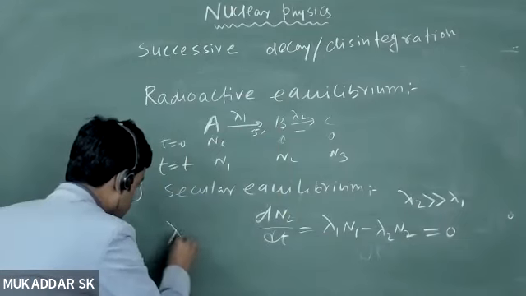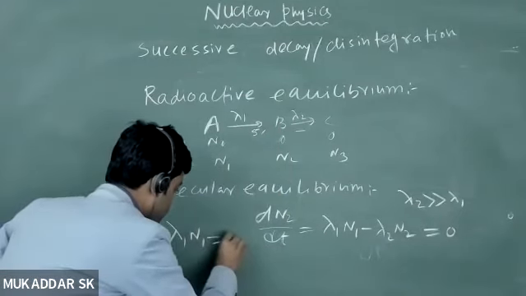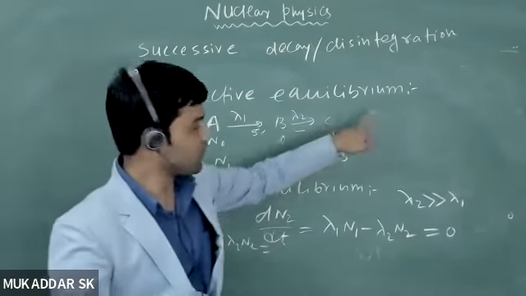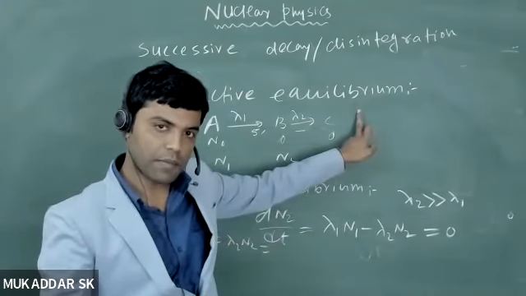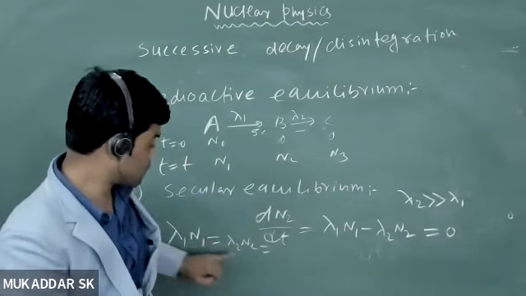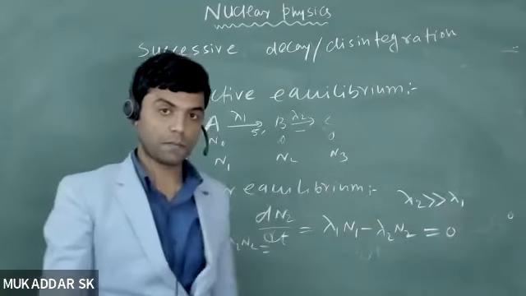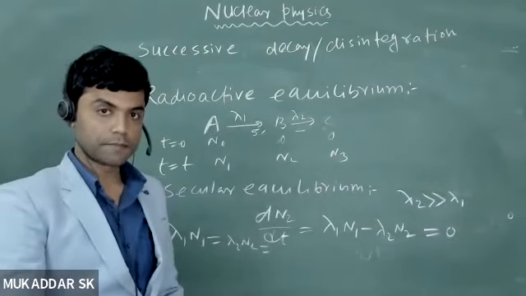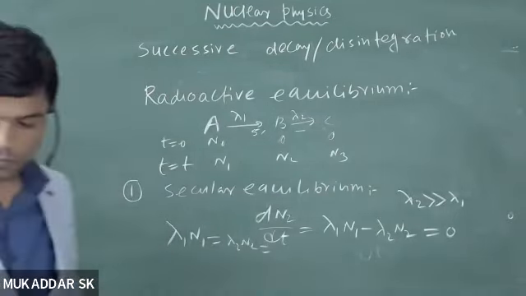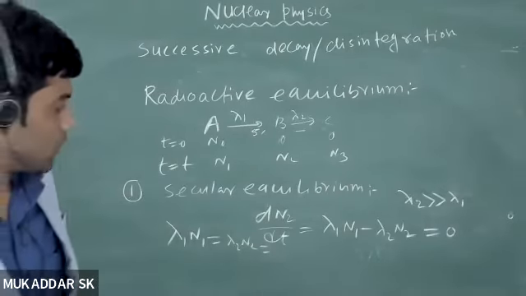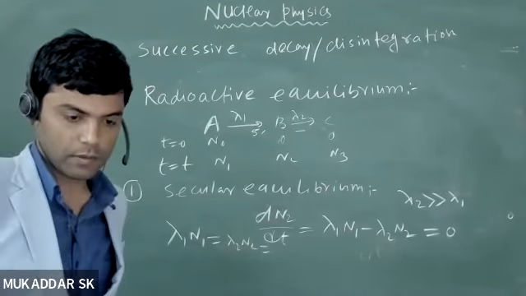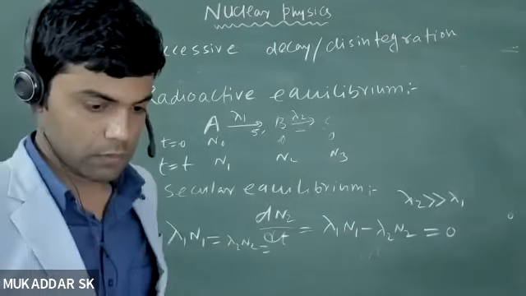So under secular equilibrium, lambda 1 n1 equals lambda 2 n2, है ना. अगर सपोज मान लो C फर्दर डीके होके D में जा रहा है with lambda 3 डीके कांस्टेंट, देन अंडर सेकुलर इक्विलिब्रियम क्या हो जाएगी, lambda 1 n1 equals lambda 2 n2 equals lambda 3 n3 and so on. ठीक है, tell me if you have any doubt. हाँ ना बोल दिया करो, डाउट है? Yes sir. Clear है. ओके.